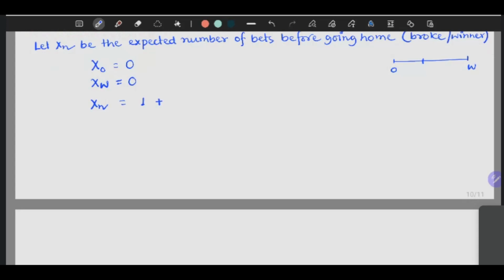So let's say you start here, with xn minus 1 here and n plus 1 there. From n plus 1 to n, you have to lose some money, and from here to here, you are gaining some money. To lose some money, the probability associated with this is 1 minus p.